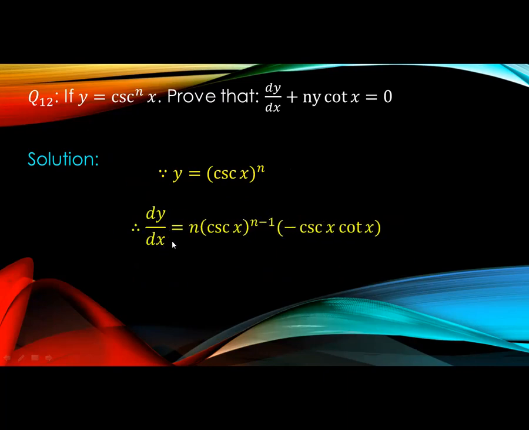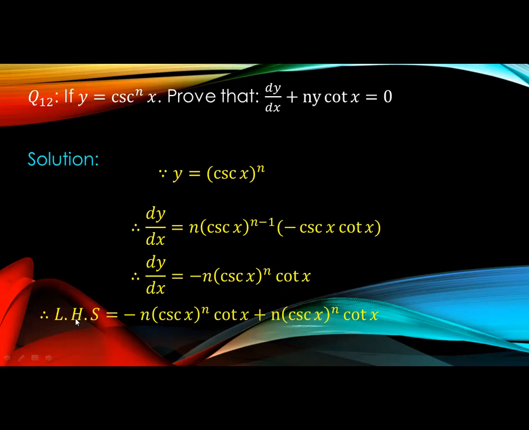So dy by dx equals n times cosec power n minus 1 times negative cosec x cotan x. dy by dx equals negative n times cosec power n minus 1 times cosec x, which is cosec power n, times cotan x.